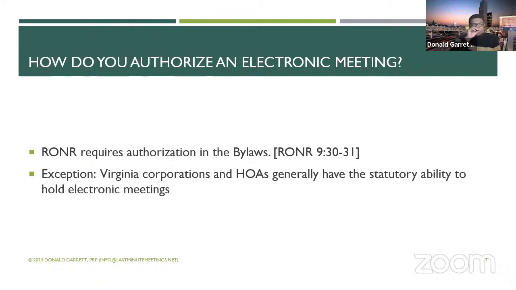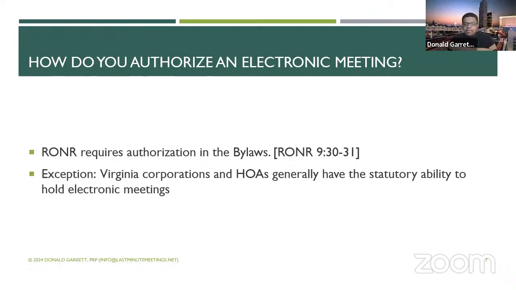So, authorizing the electronic meetings: Robert says it needs to be authorized in your bylaws because you are superseding its definition of what a meeting is. The main exception is if you are in Virginia and you are incorporated, or you are a homeowners association or a condominium association. The statutes generally give you the authority to hold electronic meetings regardless.